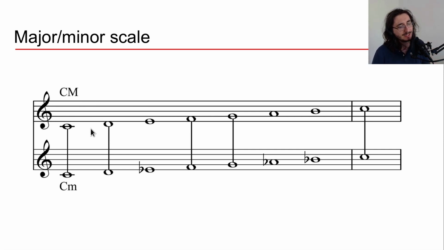Here on the top we have the C major scale, and on the bottom we have the C minor scale. They both start on C because C is the tonic of this scale, but the difference between major and minor mode is given by the intervals between the notes in the scale.